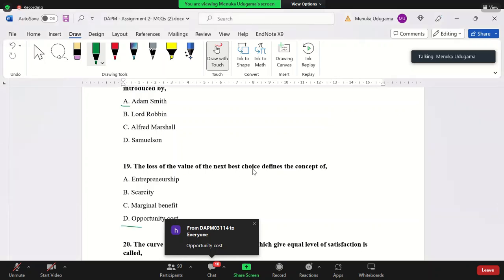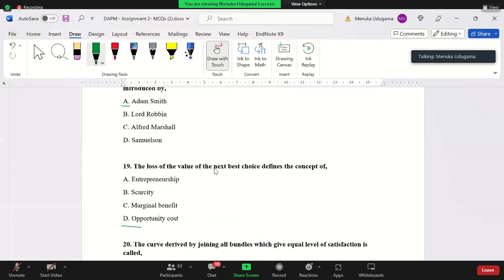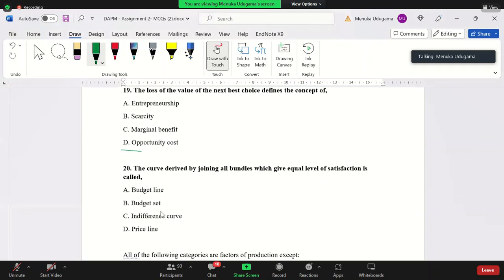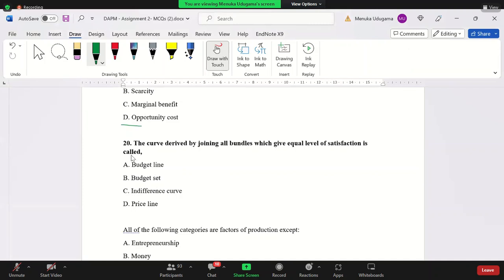Opportunity cost. Next best alternative or next best choice. The value of the next best choice is called opportunity cost. Right, I think this, of course, we did.